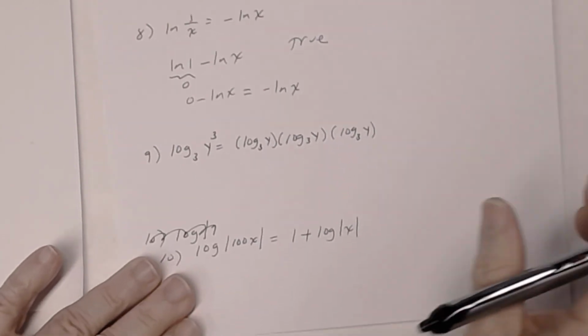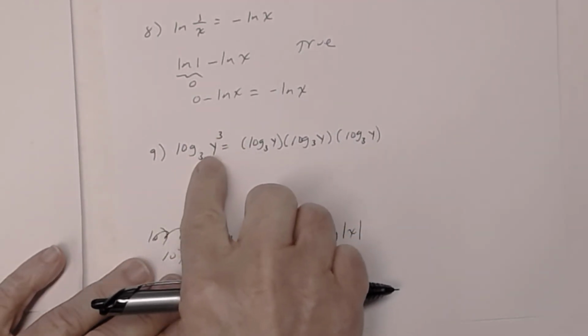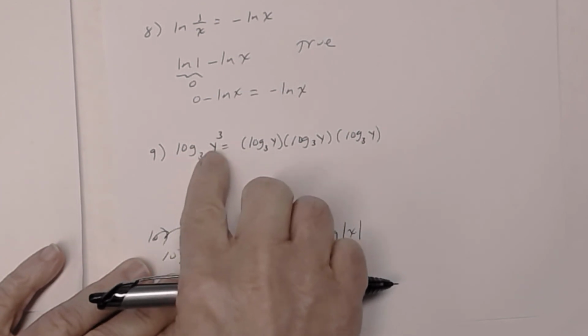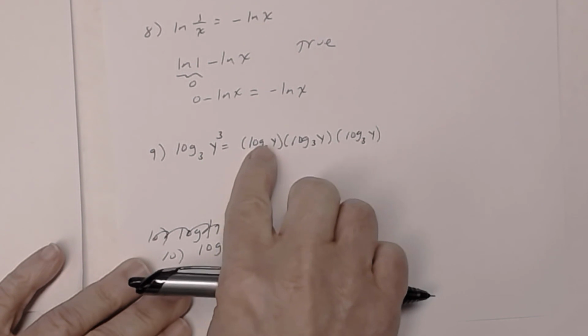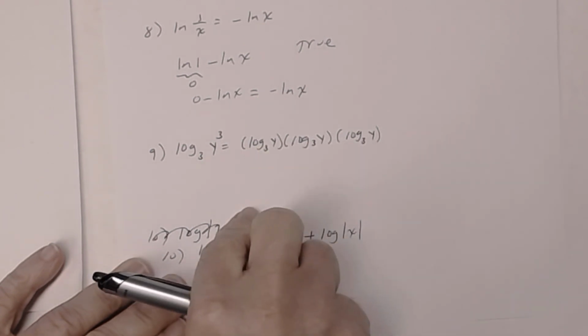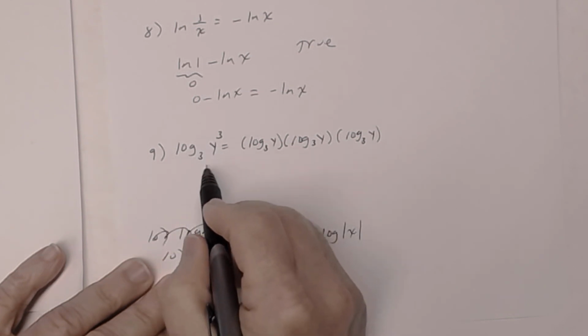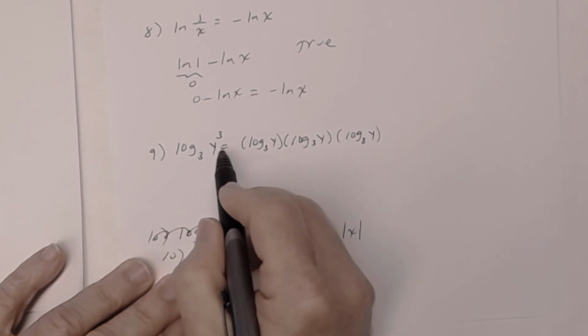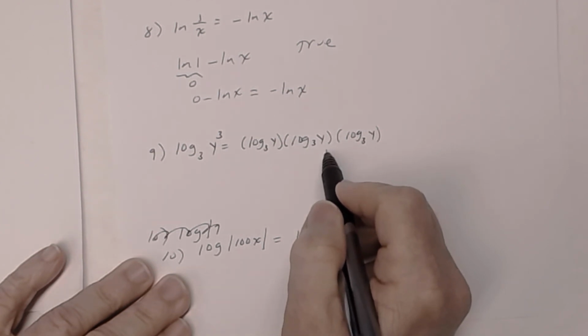Now let's look at this one. It says, true or false, is the log of y to the third, base b, the same thing as saying the log of y multiplied by itself 3 times? Basically they're saying that since the exponent is 3, then this whole thing means the log of y times itself 3 times, base 3. The answer is false.